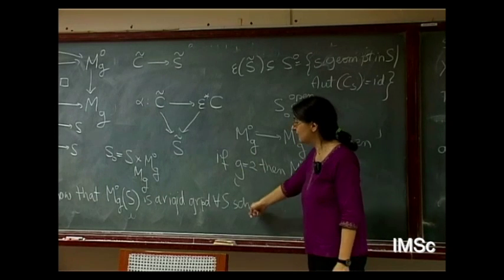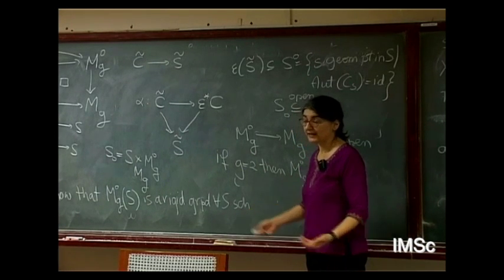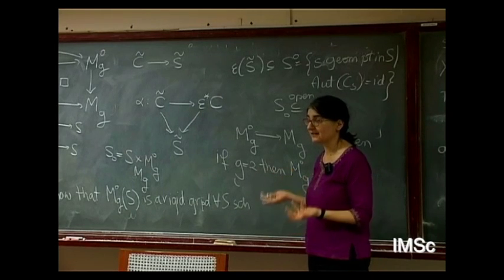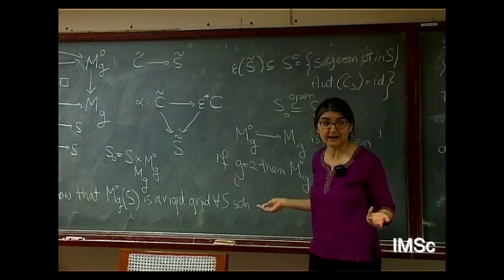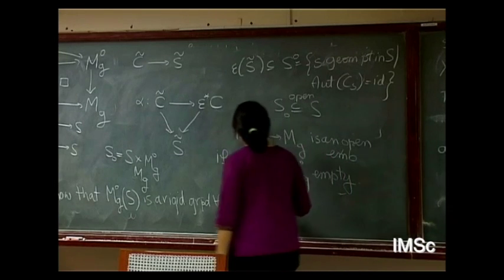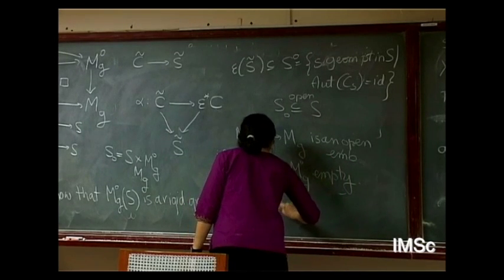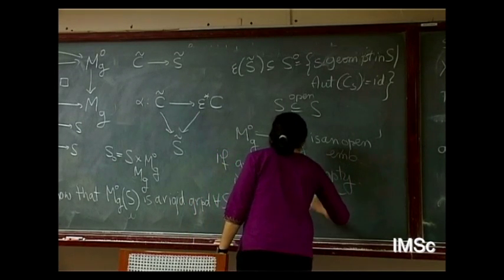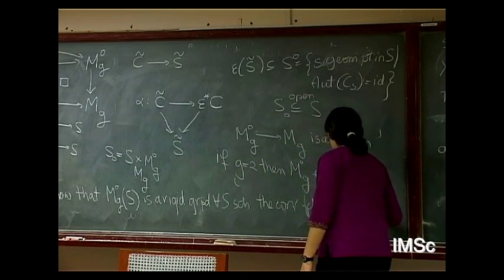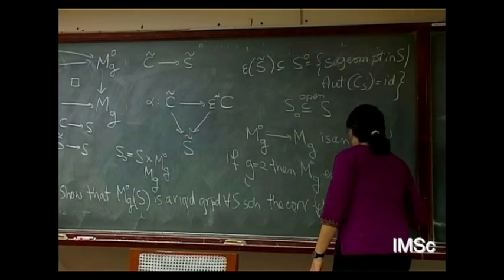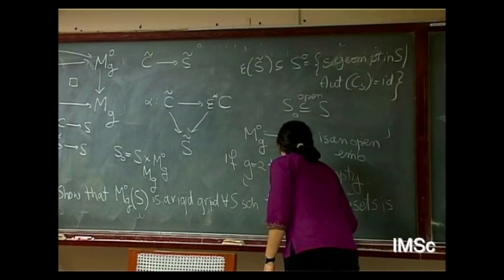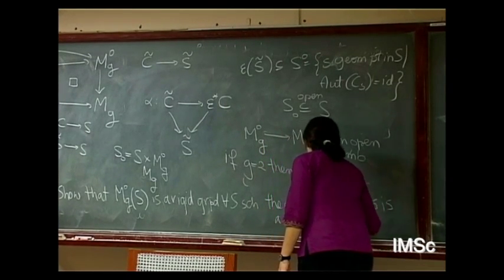So since this is a rigid groupoid, I can take its associated set of equivalence classes, and I can view it as a set by taking equivalence classes. And indeed, the corresponding functor to sets is representable, is a quasi-projective scheme.